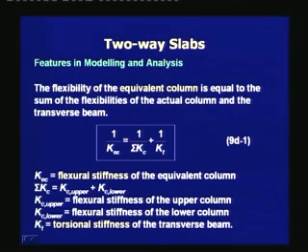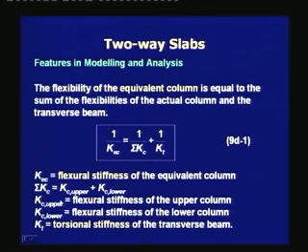Here we are adding the flexibilities to consider the increased rotation of the slab as we move away from the column. KEC is equal to the flexural stiffness of the equivalent column.